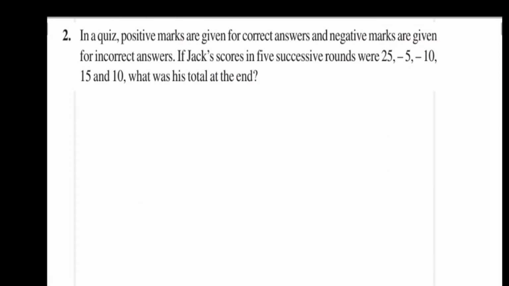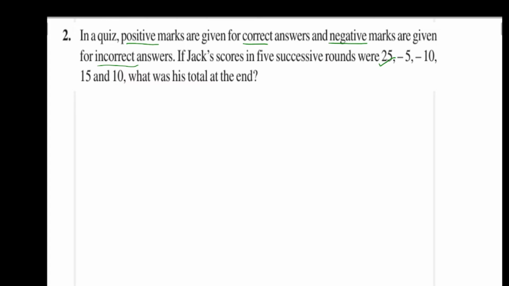In question number 2, it is given, in a quiz, positive marks are given for correct and negative marks are given for incorrect answers. If Zax's scores in 5 successive rounds were 25, minus 5, minus 10, 15 and 10, what was his total at the end? Okay. So, this is positive.